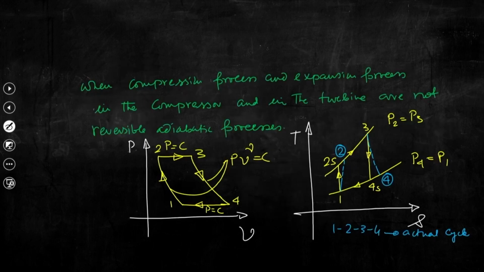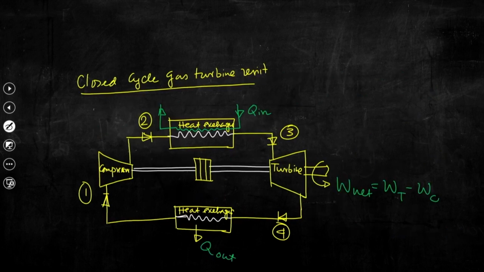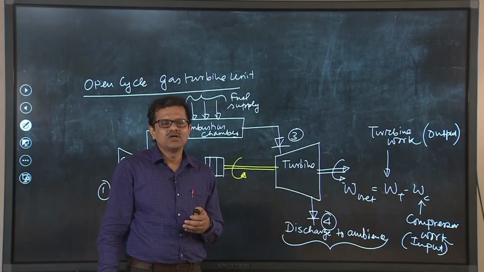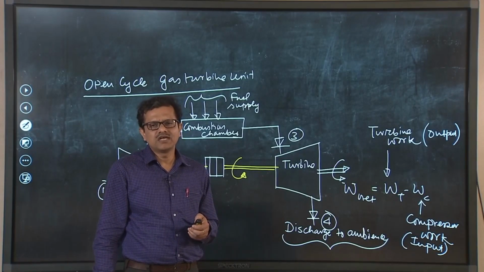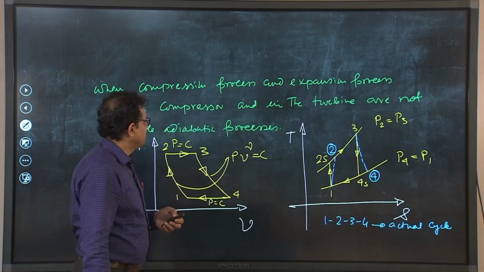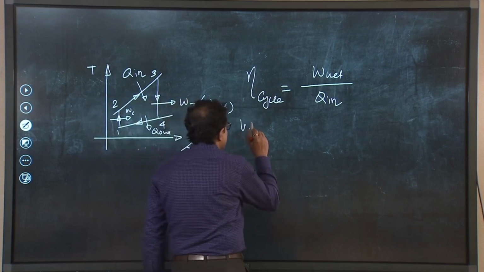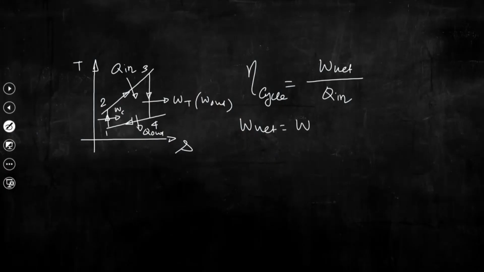If we go back to either the closed cycle unit or even the open cycle unit, this is W T minus W C, that is the turbine work which is produced minus the part of that work that is fed to the compressor for its operation. So, W net equal to W turbine minus W compressor.